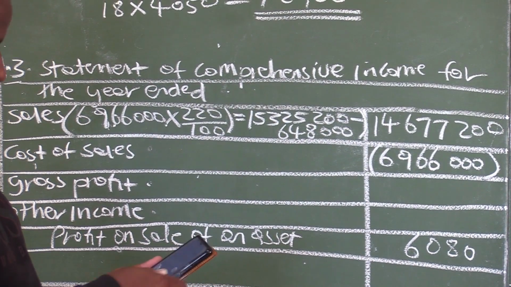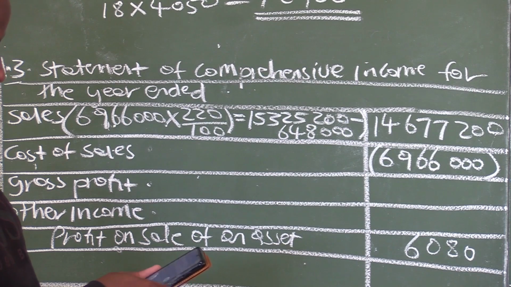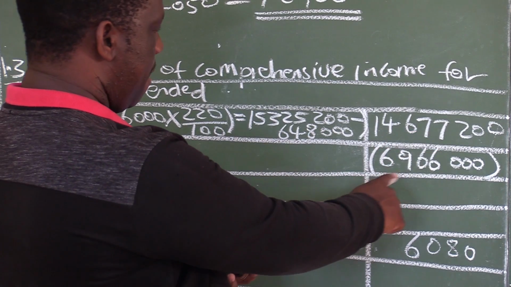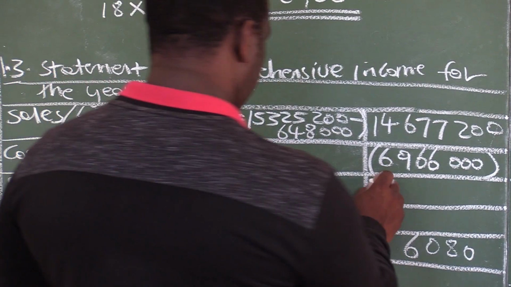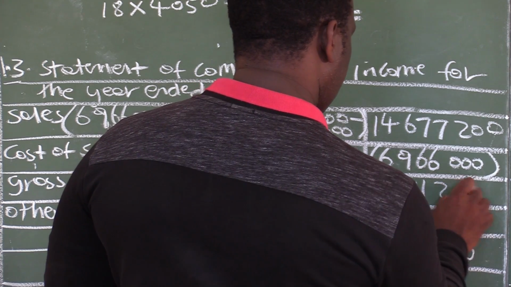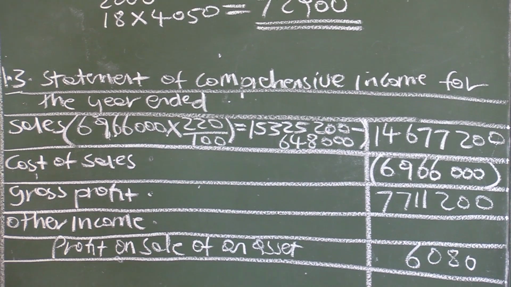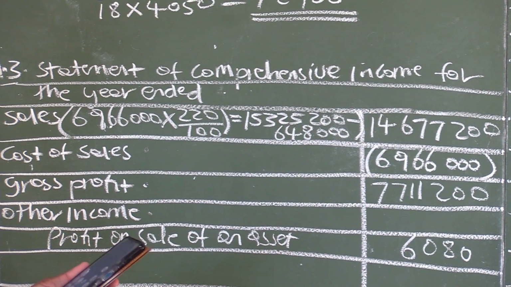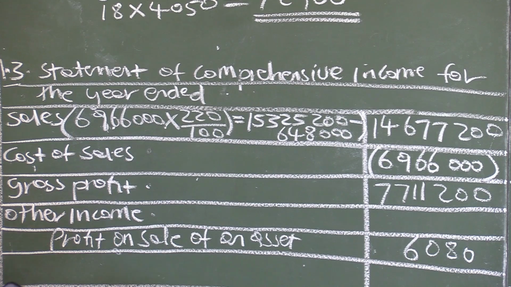14,677,200 minus cost of sales of 6,966,000 gives the gross profit of 7,711,200.